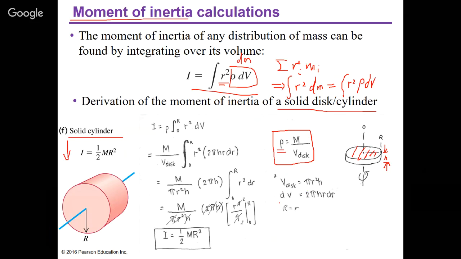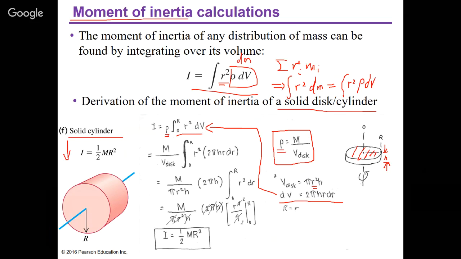Then you can take a derivative of that, dV, and what is changing here is the radius r. That will be 2 pi h r dr. Okay, and then we can plug that into this equation, where we pull the rho out, because for this cylinder we're assuming it is a constant value everywhere.